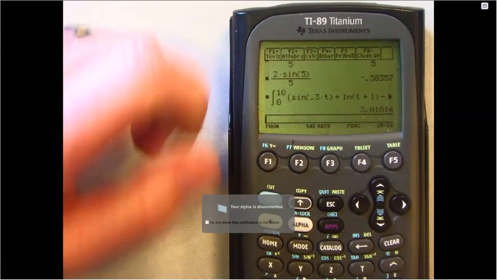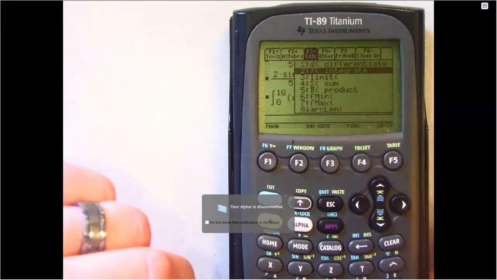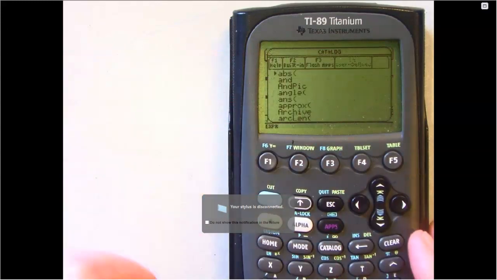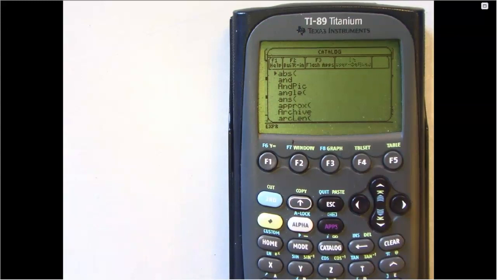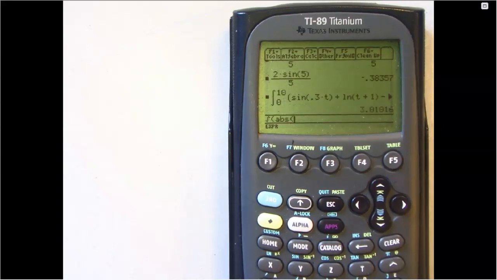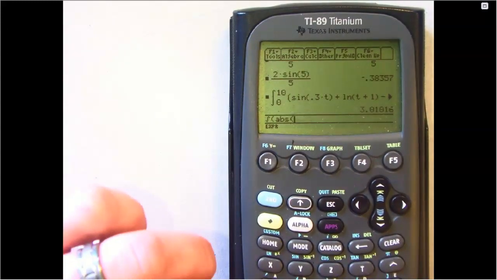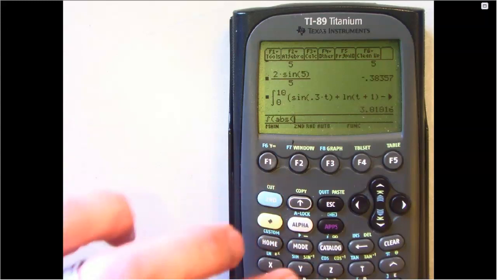I think it's in math too, but I'm going to go F3 integrate. And if you hit catalog, it usually just dumps you into the whole list. That's every command in the calculator in alphabetical order, and ABS is like the first one. So I just do that. And then everything I type in that parentheses is inside the box. You'll have like a double close at the end.